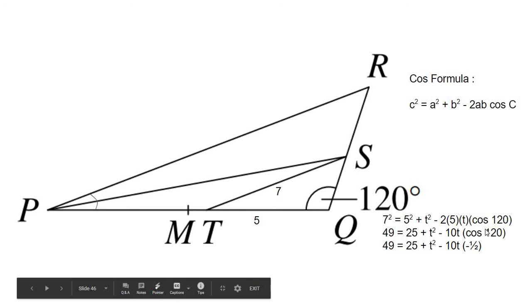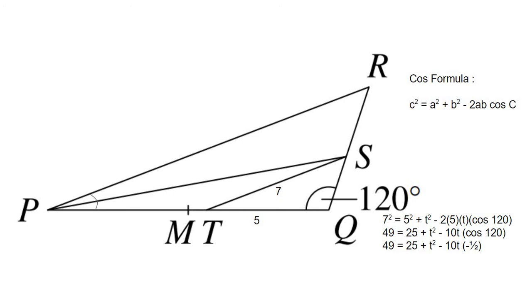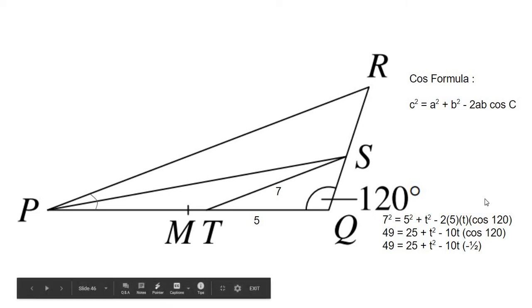That's why memorizing cosine values is very important, especially for an exam like this, because they might ask you about this. And remember, you can't use a calculator, so you'd have to memorize it. So negative 1/2, and now we'll plug it in again. 49 is equal to 25 plus t squared plus 5t.